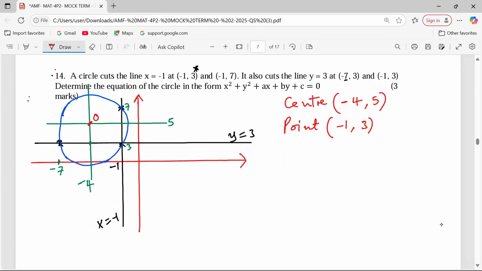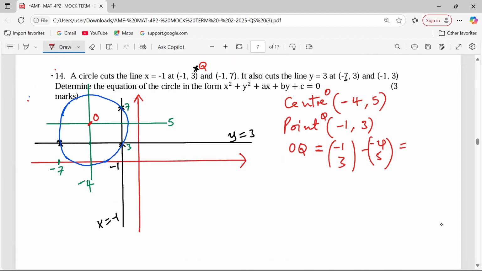So assuming the center is O, and the first point is called Q. I'm just naming it for me to work with vectors. So what is the vector OQ, which is our radius? The vector OQ shall be Q, -1, 3, minus -4, 5.